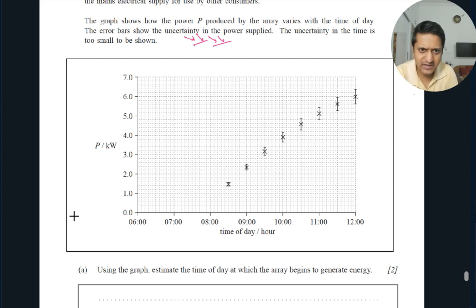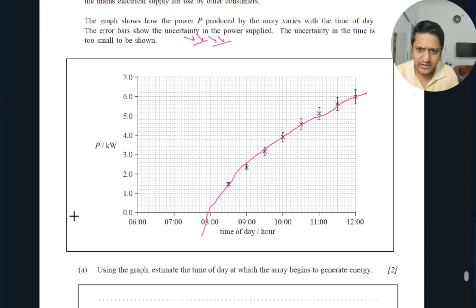For this part A, we need to draw a graph joining all these points. So let's join this. Like this, it would be joined. You can join it better when you have paper and pencil.